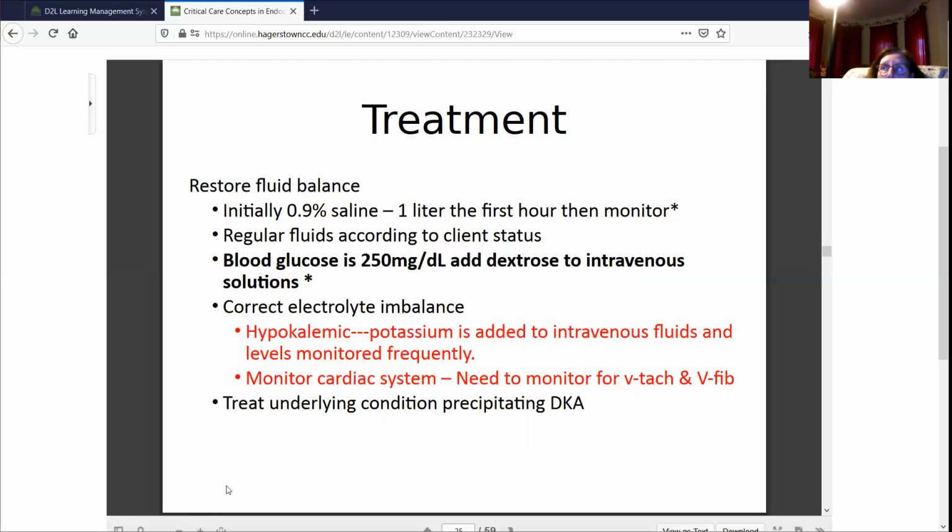Because we don't want them to bottom out. All right. Correct electrolyte imbalance. If hypokalemic, potassium is added to the intravenous fluids and the levels are monitored frequently. Monitor cardiac system. You need to monitor for VTach and VFib. Treat the underlying condition precipitating DKA.